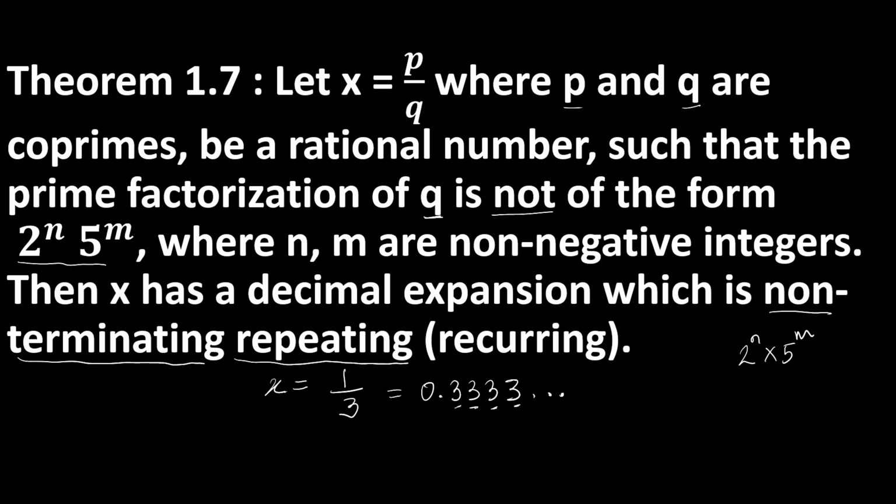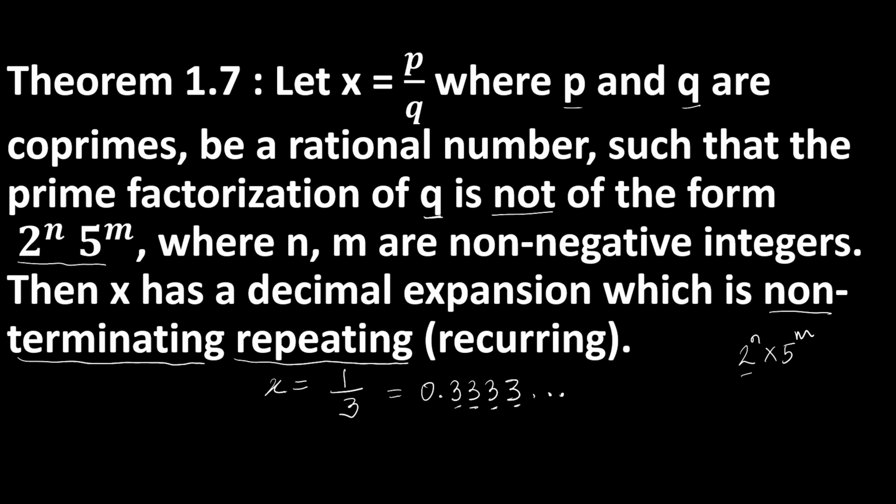So therefore, this is the meaning of Theorem 1.7, that if you have a rational number which can be written in the form of p by q, where p and q are co-primes, and the prime factorization of q is not of the form 2 raised to something into 5 raised to something, where the exponents of 2 and 5 should be non-negative integers, which means they should be whole numbers.